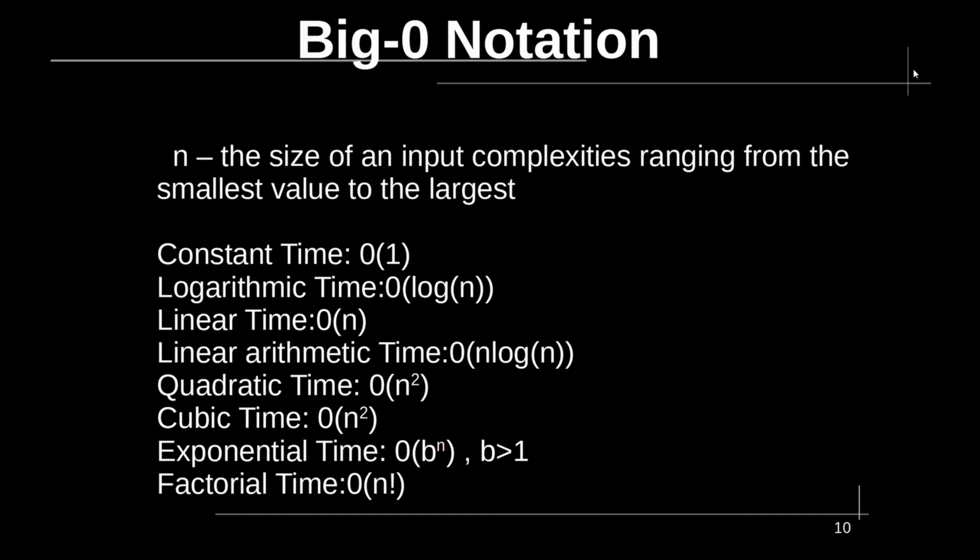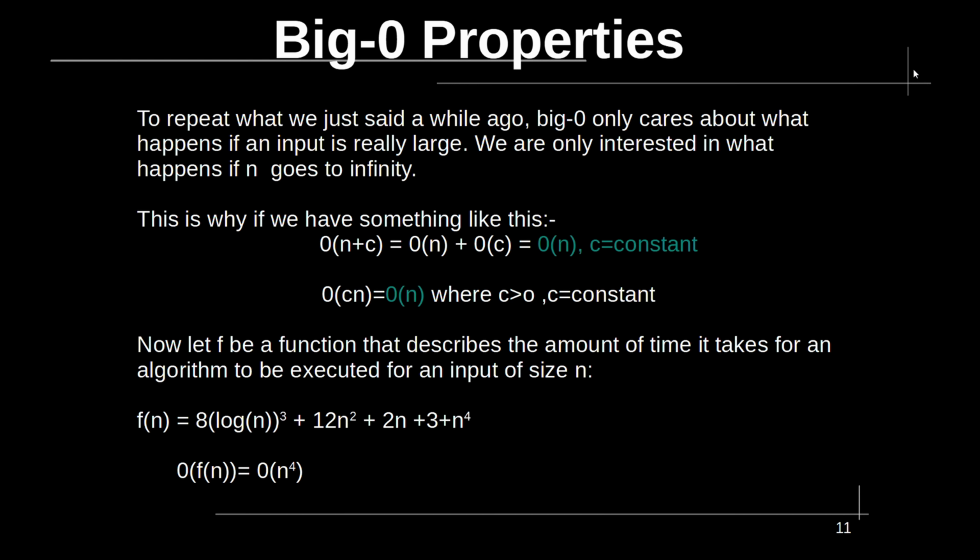Now, we're going to be talking about properties of Big O. To repeat what we said earlier, Big O only cares about what happens when the input becomes really large. We're interested in what happens when n goes to infinity. This is how and why we get the first properties. First, we remove constant values added to our Big O notation.